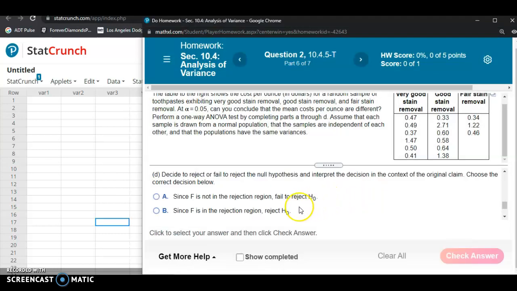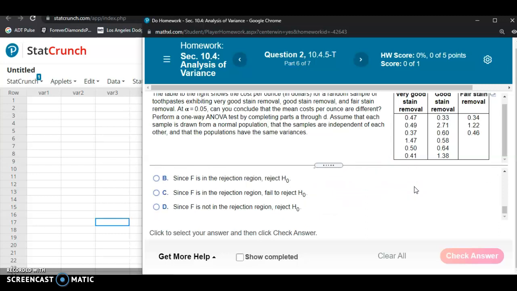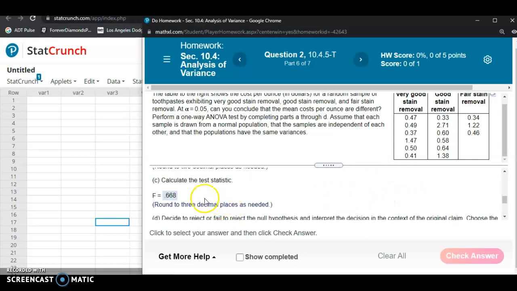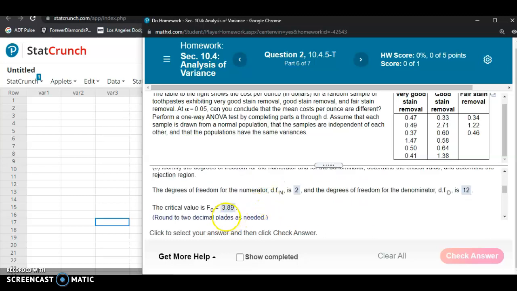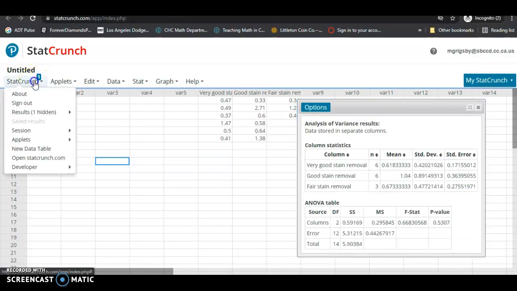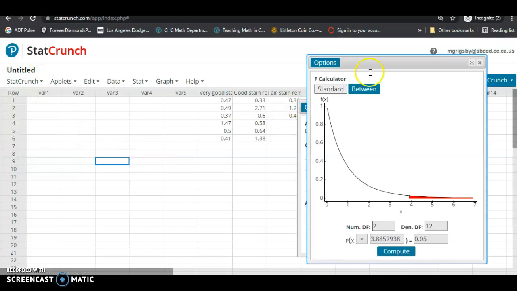Okay, so in part D it says decide to reject or fail to reject the null hypothesis and interpret the decision in the context of the original claim. Our test statistic was 0.668. Our critical value was 3.89. Let me pull up that graph again.